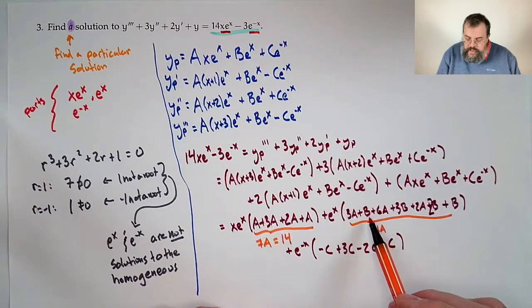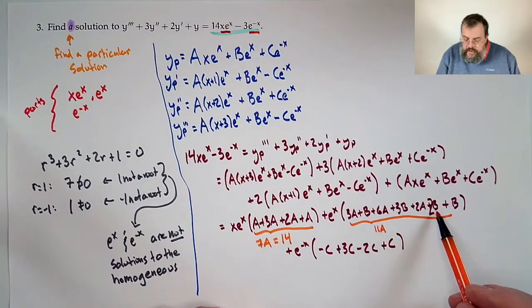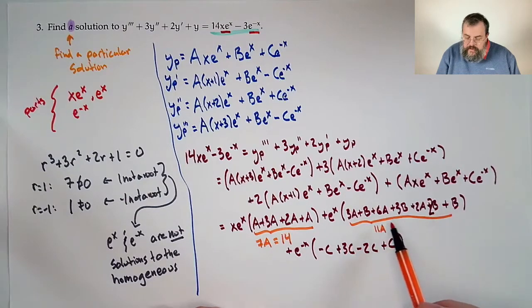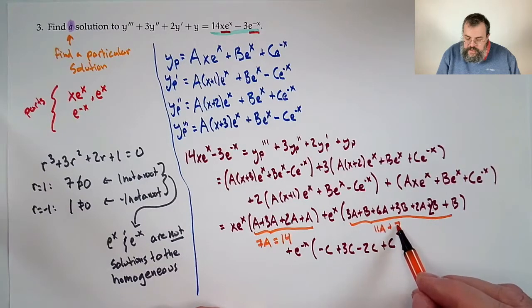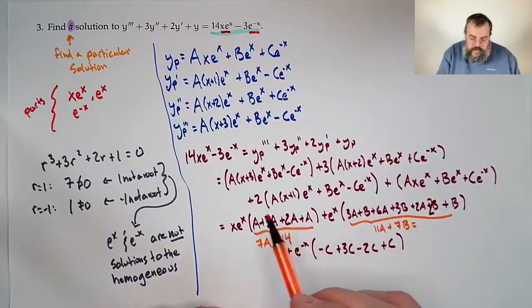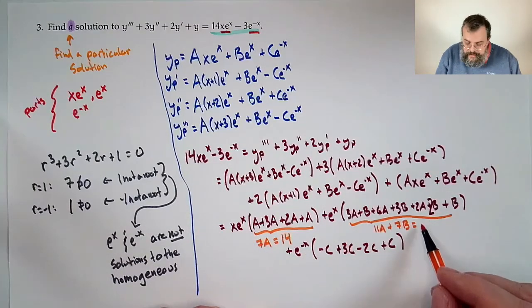And then we're going to get b and 3b and 2b and b. So 4, 6, 7. So 7b. And that equals the coefficient of e to the x over there. What is it, 1? So that equals 0.